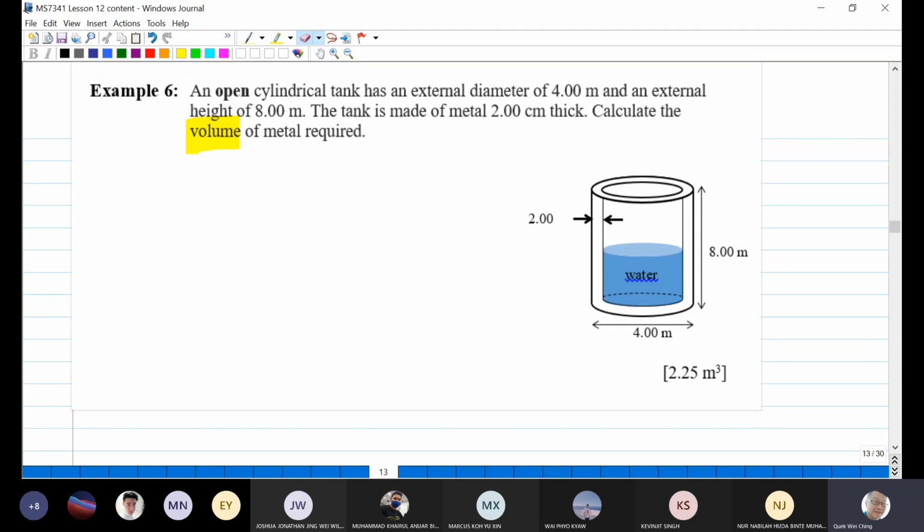Basically it must be able to contain something, so it must contain water, right? Open means there's no top. Basically this is open here, no top.